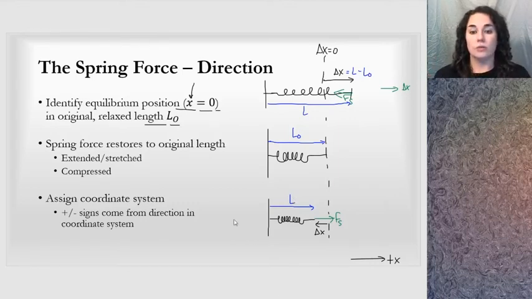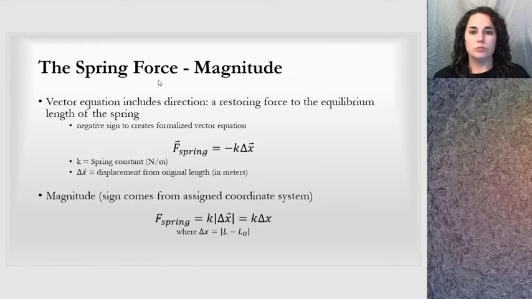And when we're doing this, make sure you're assigning a coordinate system. The positive or negative sign of a force or a vector in a coordinate system comes from the direction of positive or negative in that coordinate system. I say this because the magnitude of the spring force comes from the vector definition.